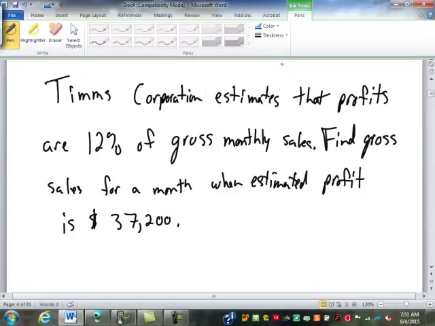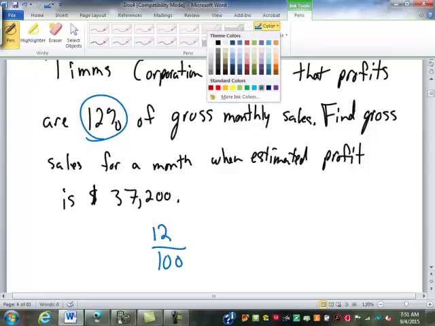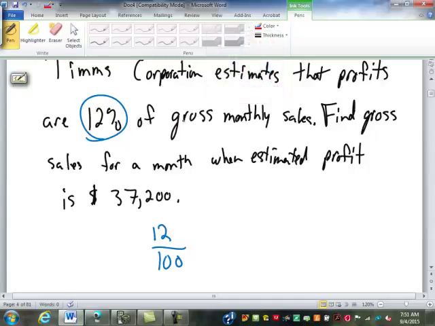So just like with our other problems, I start with my percent. I got 12% here. 12 over 100. Now we have to define what each of these numbers stands for. 12 represents what? 12%. But what is the 12%? We have two things. We have the profits. We have the gross sales. Which one is being represented by the 12%?